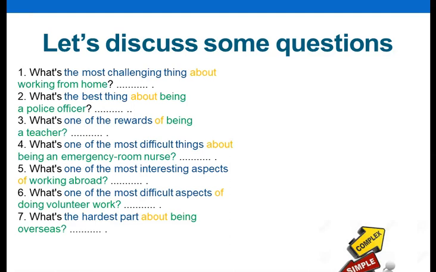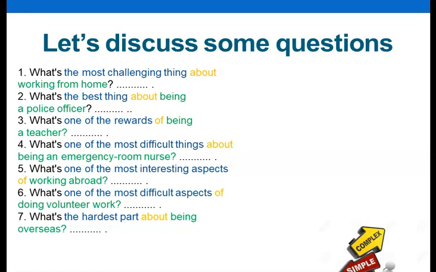The most challenging thing about working from home, the best thing about being a police officer, and so on, are those complex noun phrases with gerunds that serve as subjects of the sentences. Everything that is in blue is a noun phrase, yellow is a preposition, green is a gerund or a gerund phrase.